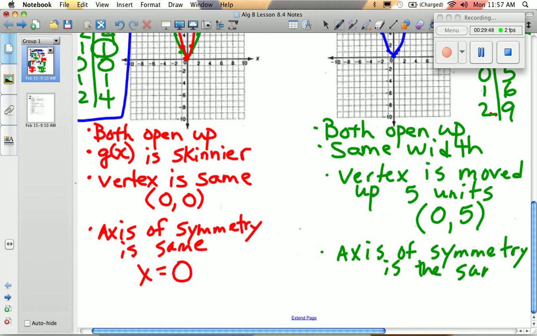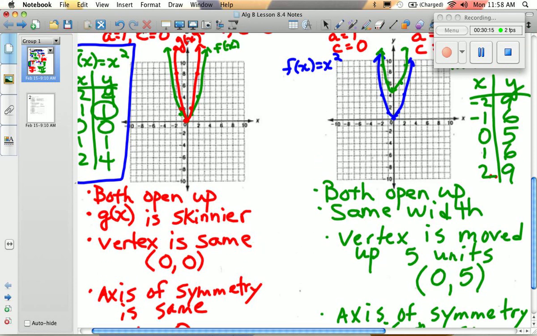What is that axis of symmetry again? X equals 0. So the a values tell us about opening and width. The c value moves the vertex and the axis of symmetry. Okay, any questions on these? Let's go see what's on the back.